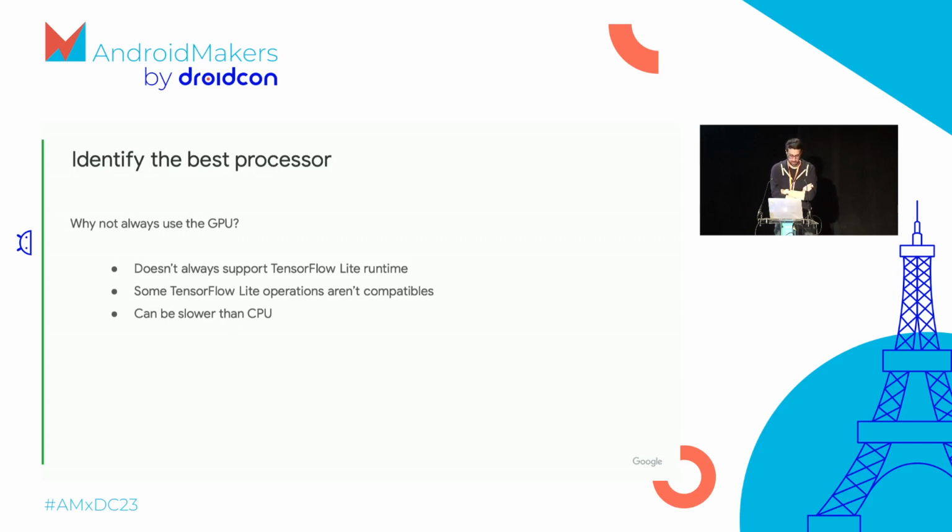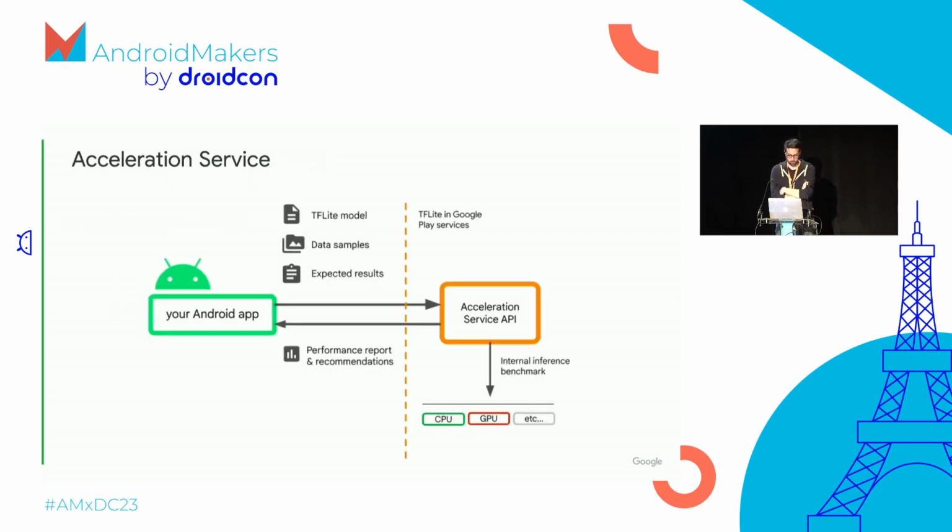And so that would not always work. And like I said, we also have some hardware fragmentation, driver fragmentation, Android OS version fragmentation. So all of those are things where you would not always be able to support them. So one of the things we've been working on, and that will be released very, very soon, is the acceleration service.